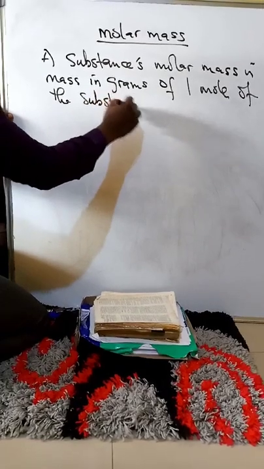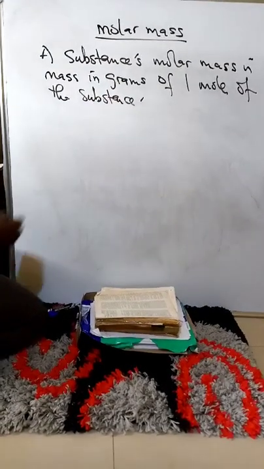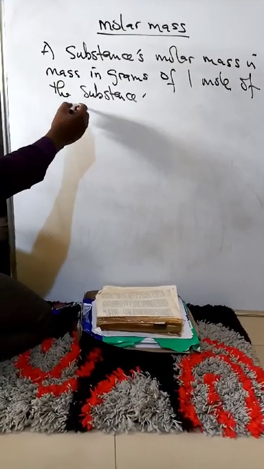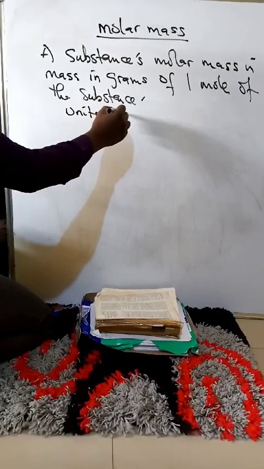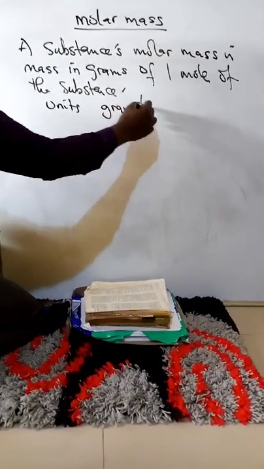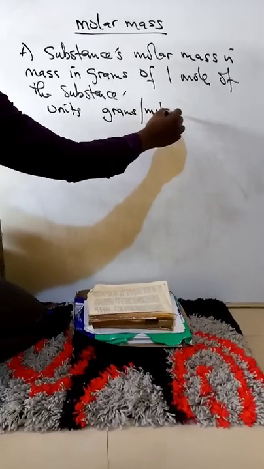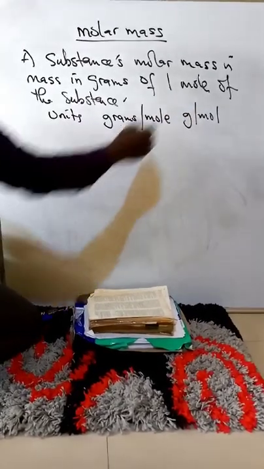So that is how we can define molar mass. The units of molar mass are grams per mole, simply g/mol.